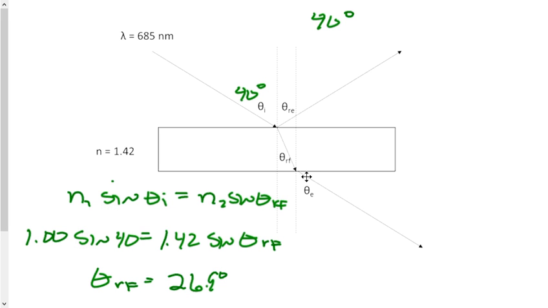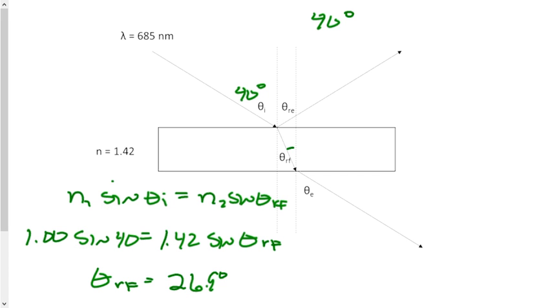Now, what about this ray that's emerging on the other side? Well, since we have a little bend here and it's reaching the other side, and this side's air again, and this, of course, is the glass interface here. So now we're going to find the theta emergent. And the theta that we're looking at incident is going to be this angle right here. So again, we've redrawn a new normal here.